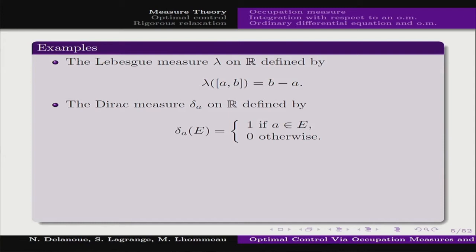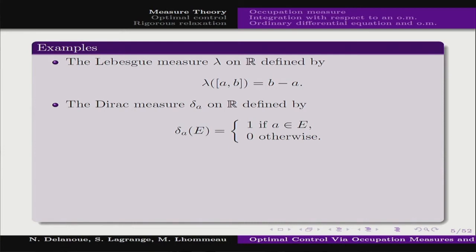Then there exists another famous example, the Dirac measure. It's a measure that assigns sometimes 0, sometimes 1, depending on whether the set contains the number a. So this is a mass which is located at only one point.